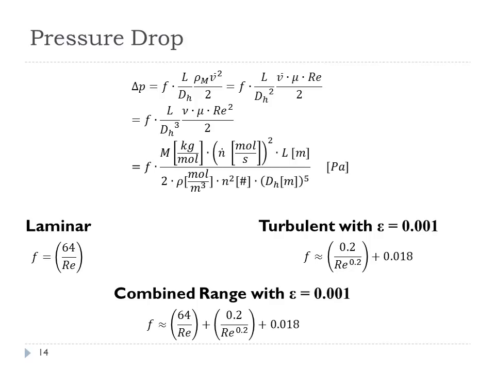0.001. So I want to point out that equation is only valid when the roughness thickness divided by the diameter of the tube, hydraulic diameter of the tube, is equal to 0.1%. But I use that value because that is a very typical value of epsilon for steel pipes.